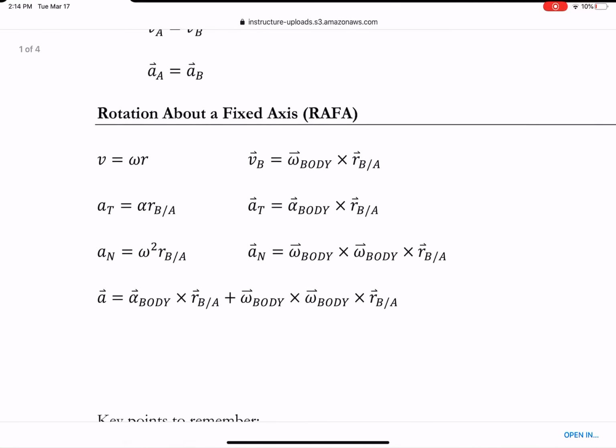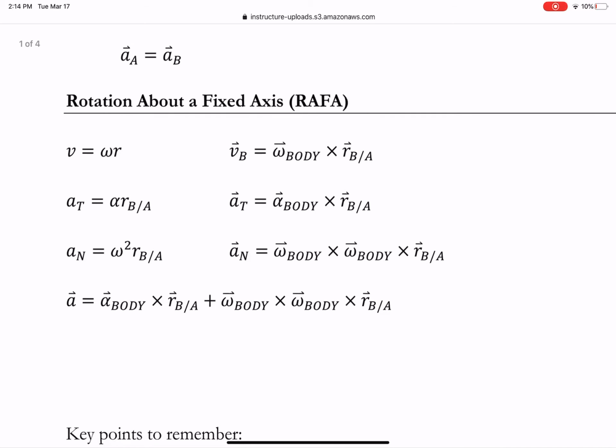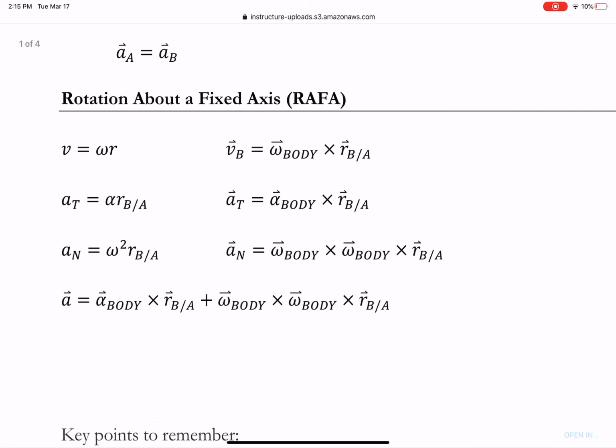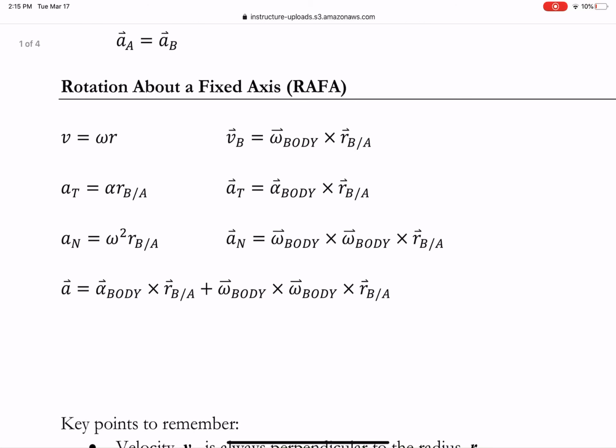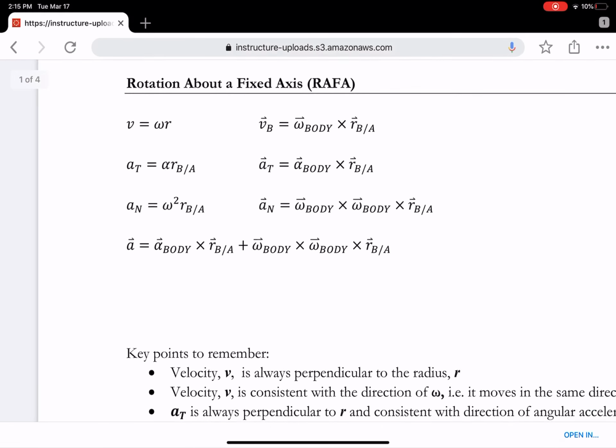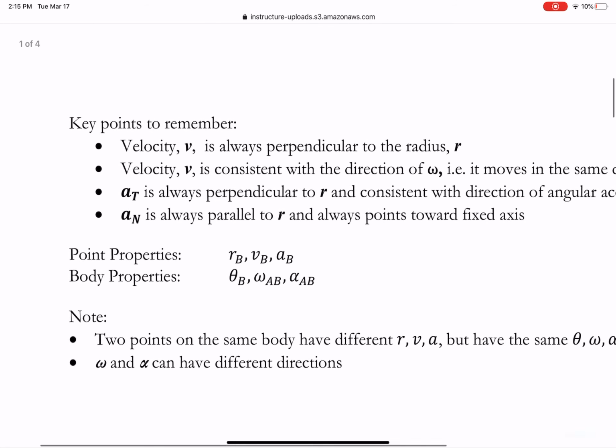Keep in mind for acceleration, again, like in curvilinear motion, for Rafa we have two components, tangential and normal components. Omega stands for angular velocity, alpha stands for angular acceleration. And the key point to remember here is that velocity is always perpendicular to the radius, consistent with omega.